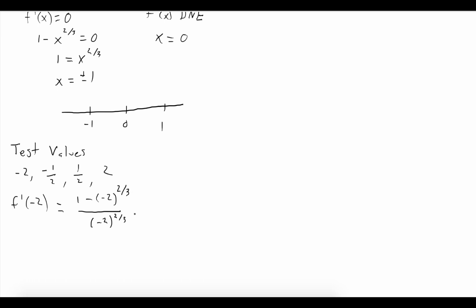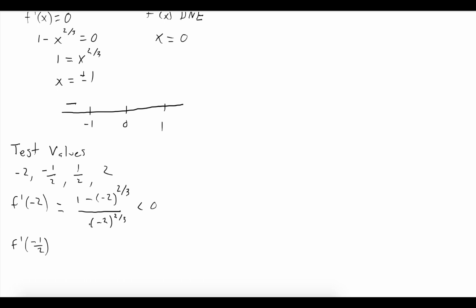So a negative divided by a positive is negative. So we'll have a negative derivative on this part of the number line. And then we could continue this, testing the other values.